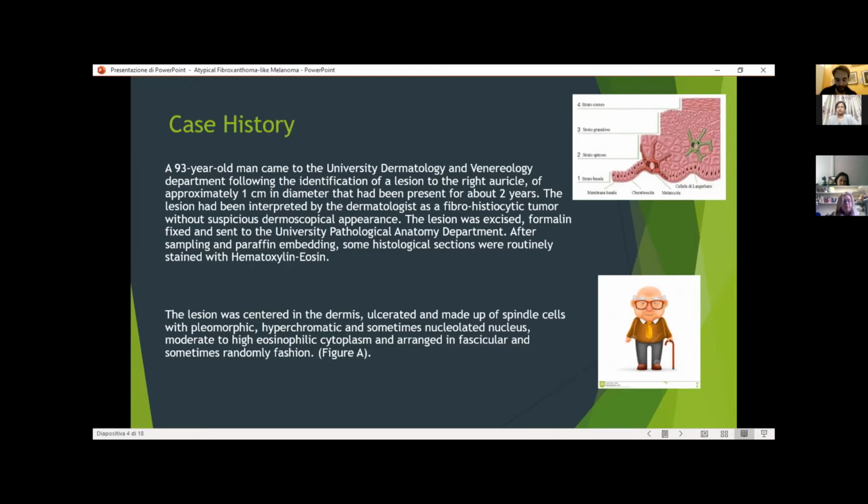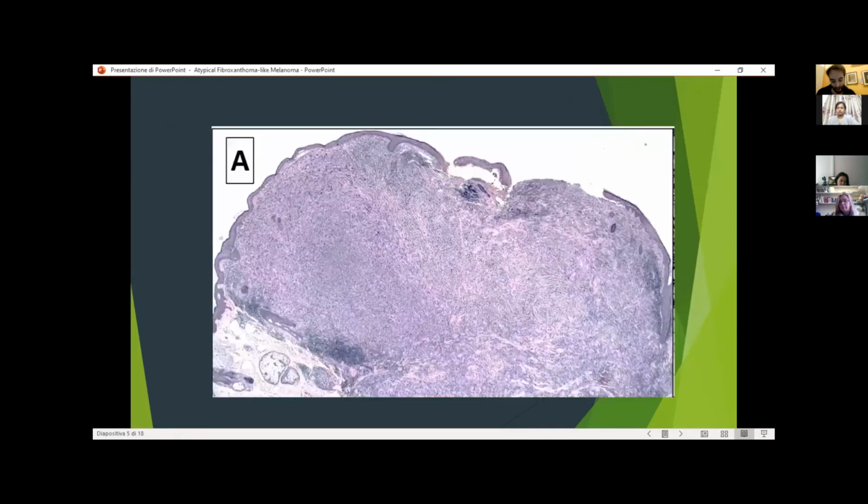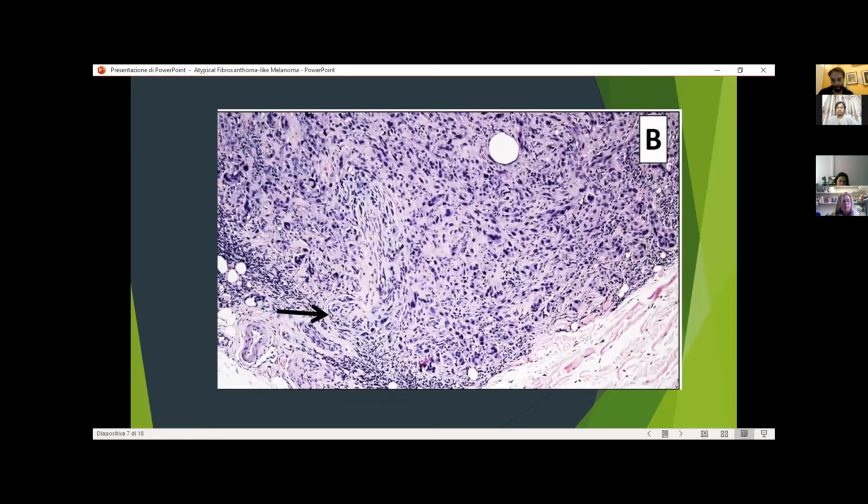After sampling and paraffin embedding, some histological sections were routinely stained with hematoxylin eosin. The lesion was centered in the dermis, ulcerated, and made up of spindle cells with pleomorphic, hyperchromatic, and sometimes nucleolated nuclei, moderate to high eosinophilic cytoplasm, arranged in fascicular, sometimes random fashion.